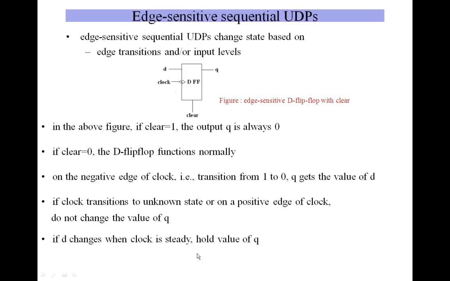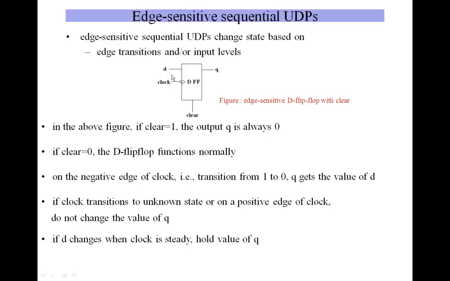If D changes when the clock is steady, clock is not having any changes, no transition is taking place, it is steady. So it means it is in logic 0, or if it is in logic 1 state, no transition.